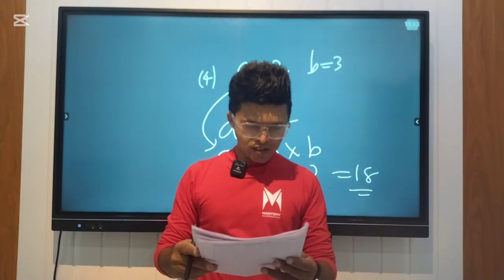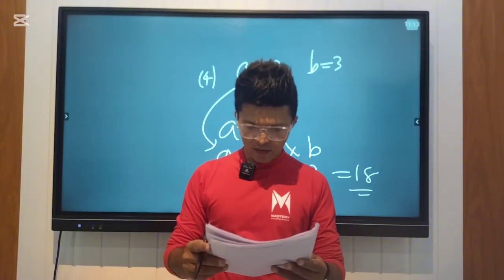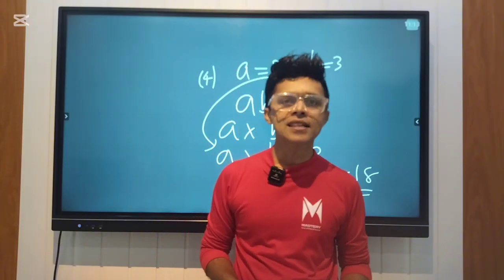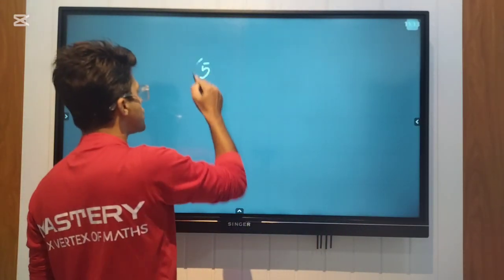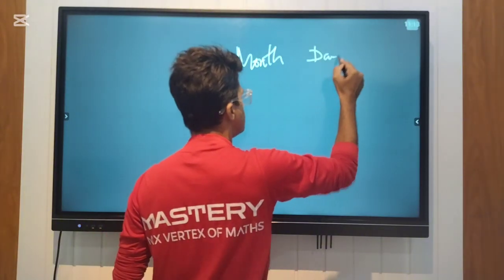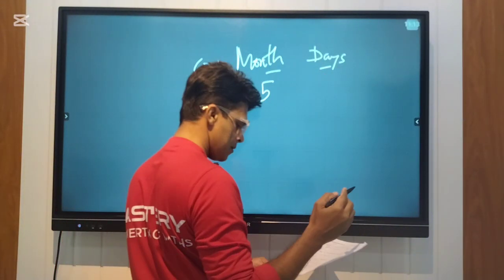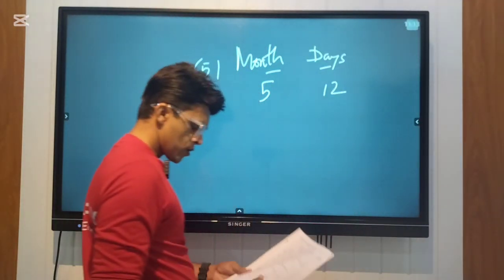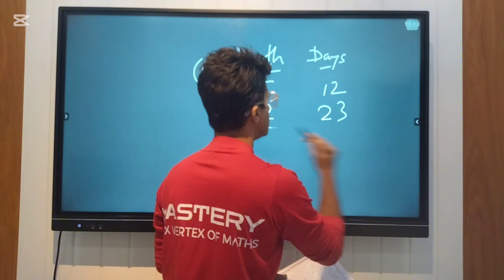So we could do the fifth question as well. You need to subtract. It has given months and days, right? So here 5 months and 12 days, and also 2 months and 23 days.